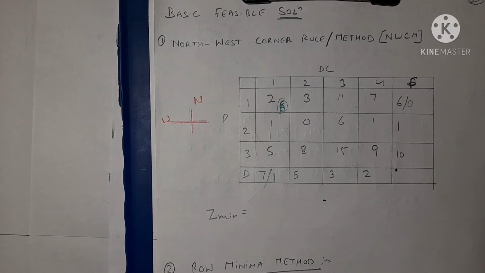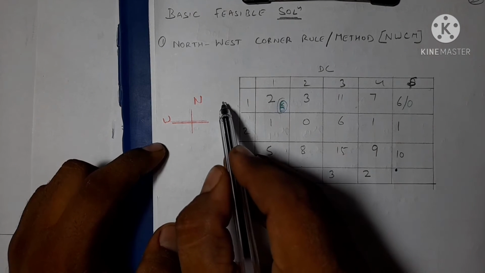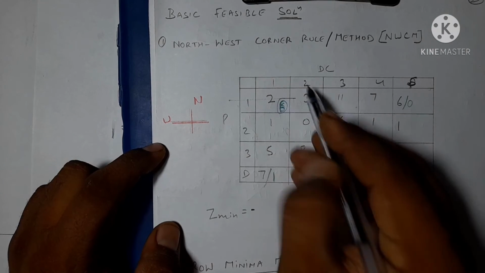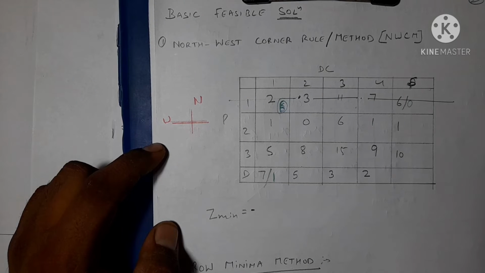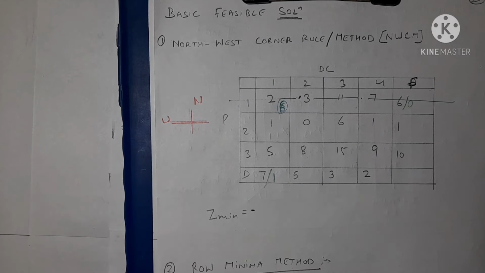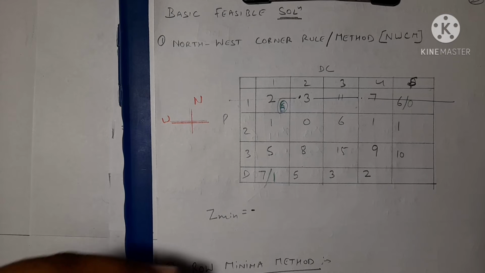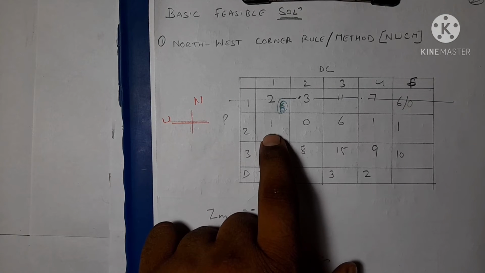Likewise, when we are going for satisfaction, here this row is completed. We need to strike off that so that confusion will not be there. Now the upper left corner is element 1.